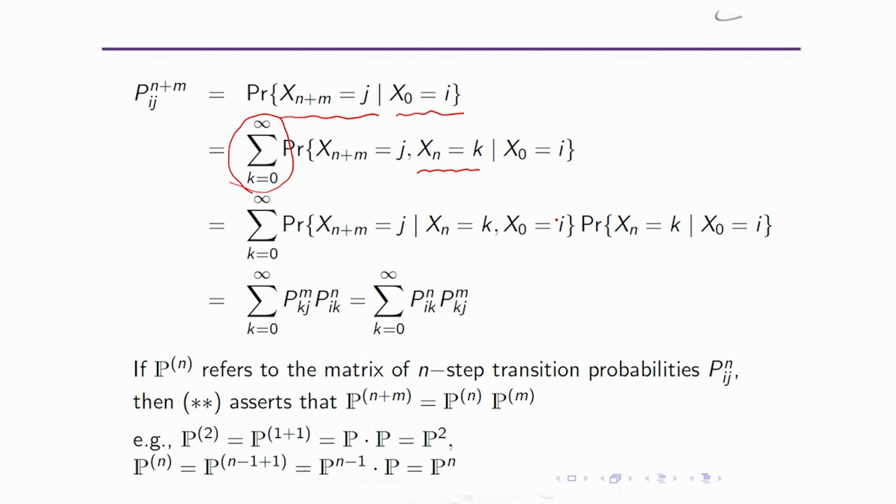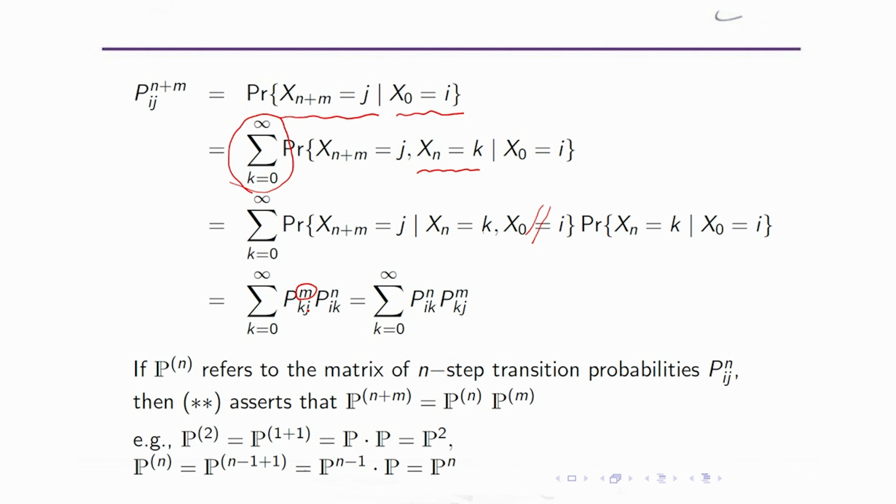And then because this is a Markov chain, X_0 does not matter. So we can just skip X_0 equal to i here. So X_n is equal to k, and X_{n+m} is equal to j. Based on the notation we just learned, this is called P_kj^(m), because this is n plus m steps, so we take an extra m steps here, right?